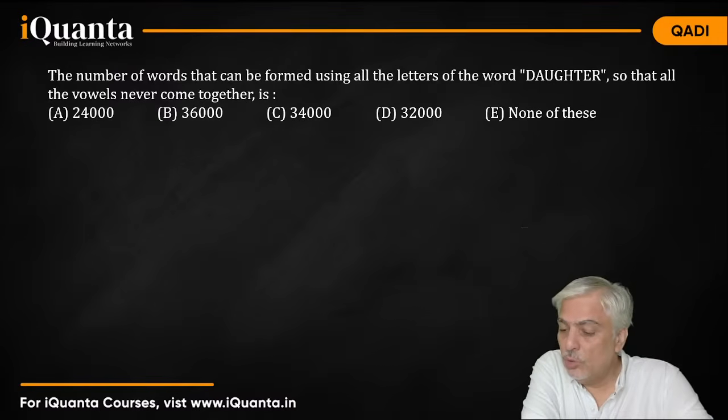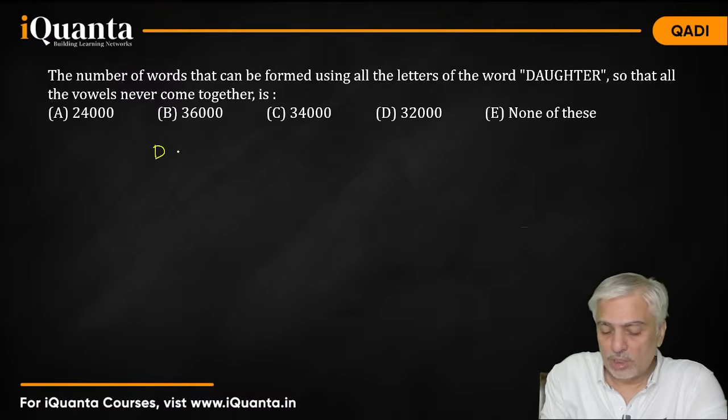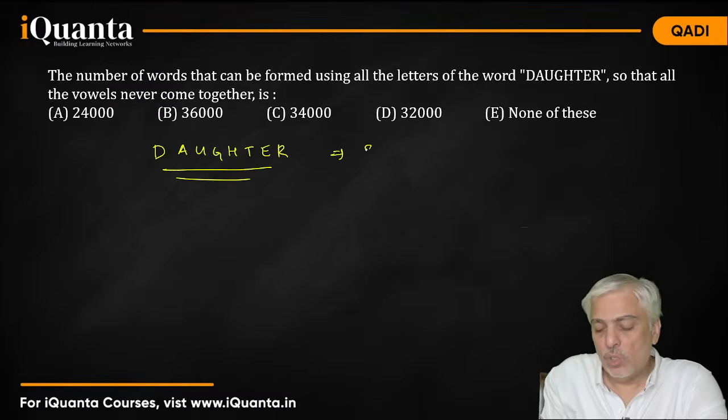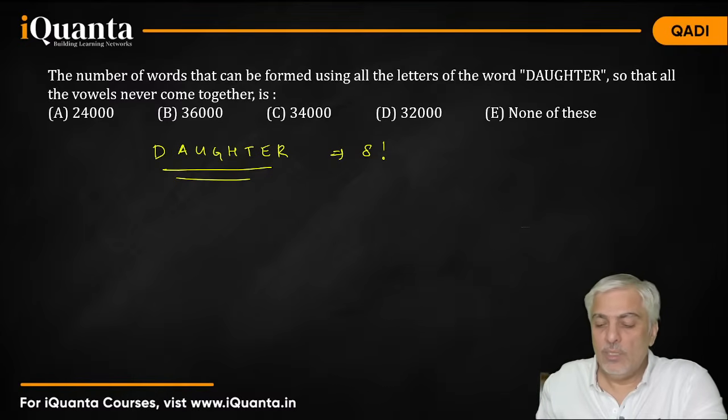Okay, 2 people have given me the answer. The word daughter is an 8-letter word. So all arrangements are 8 factorial. We want all the vowels should not come together.